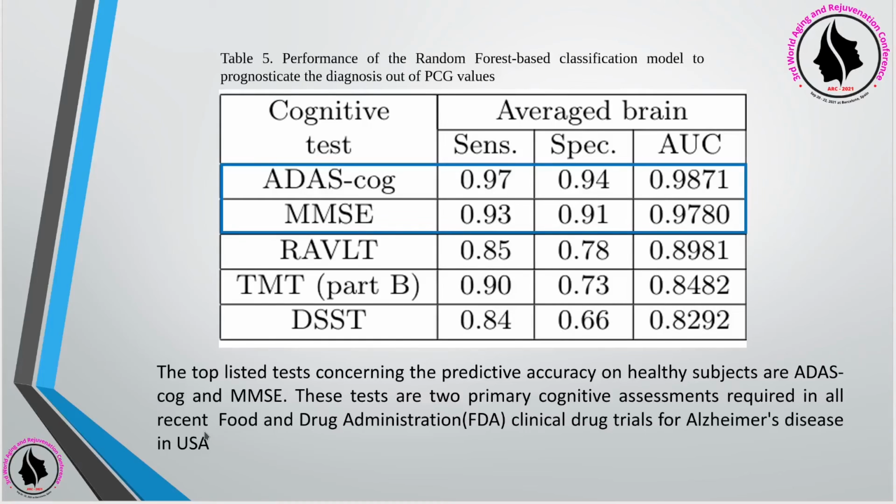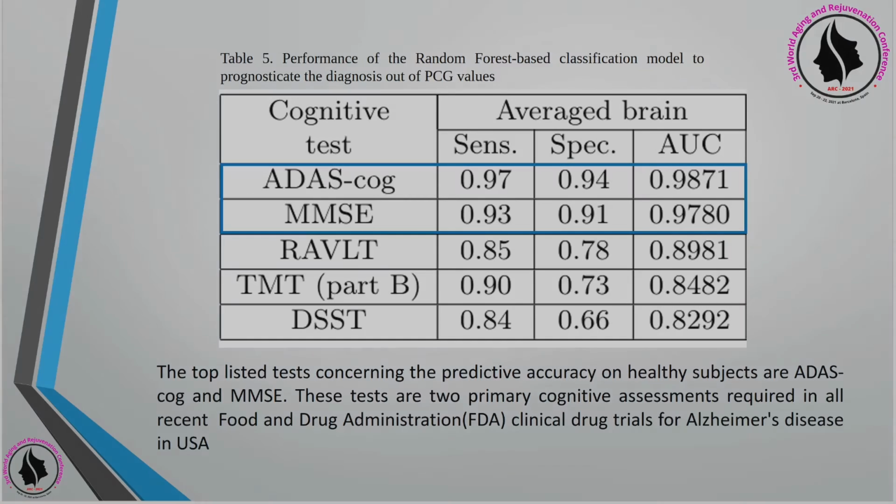The top listed tests in terms of the predictive accuracy of the employed random forest-based classification model are the Alzheimer's Disease Assessment Scale test and the Mini-Mental State Examination test. These two tests are primary cognitive assessments required in all recent FDA clinical drug trials for Alzheimer's disease in the U.S.